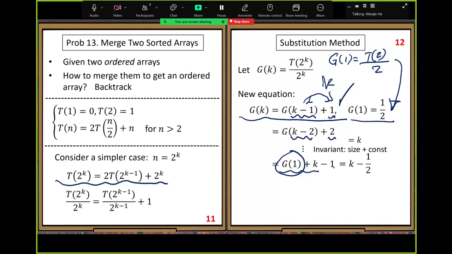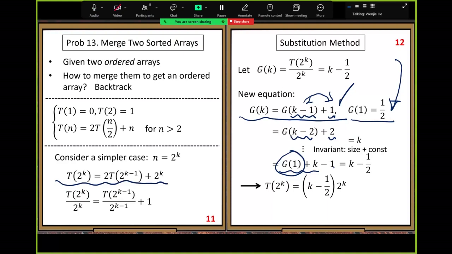So let's go back to the t function. T of 2 to the k equals big parenthesis k minus 1/2 times 2 to the k.